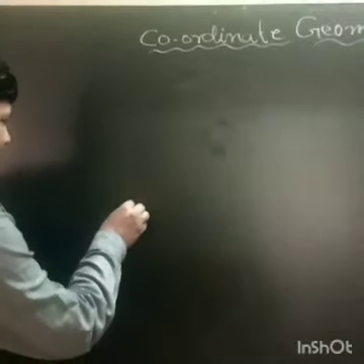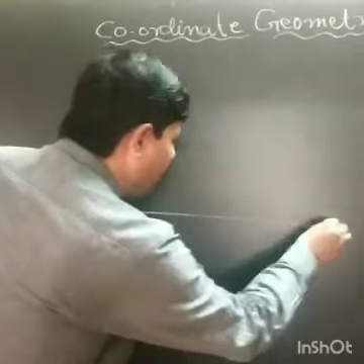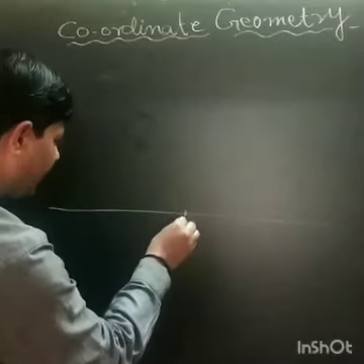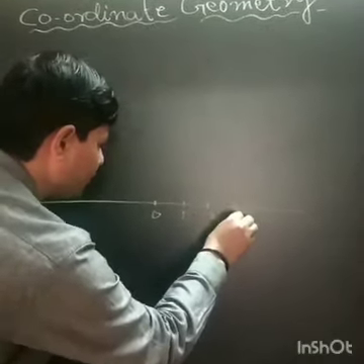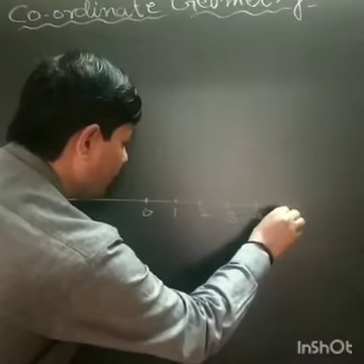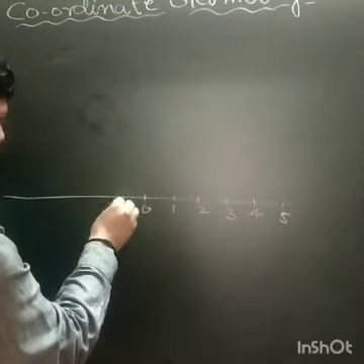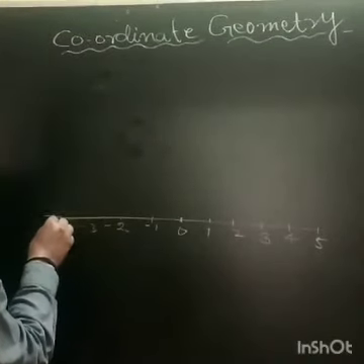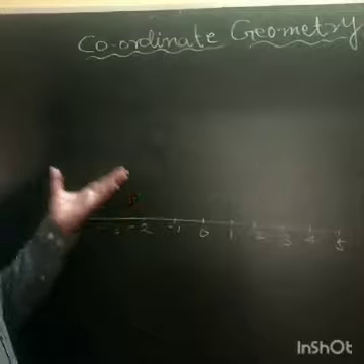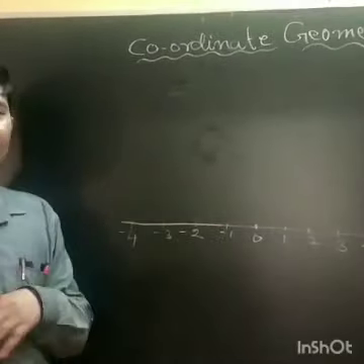Now see from where it comes. What is this? 0, 1, 2, 3, 4, 5, and this side -1, -2, -3, -4. That's all. This is a number line.